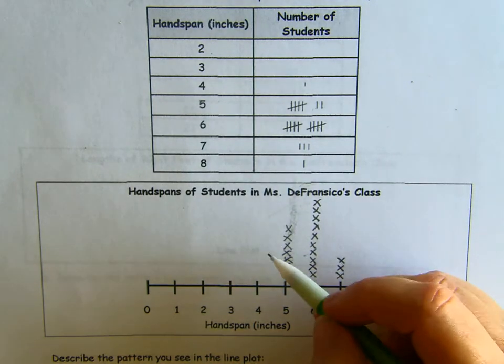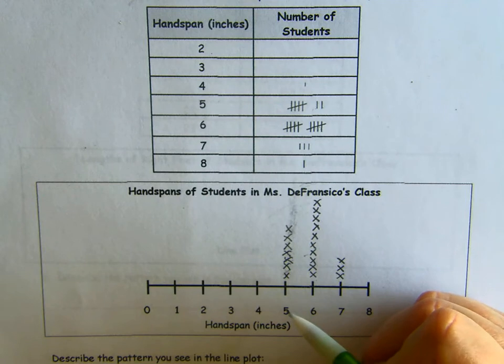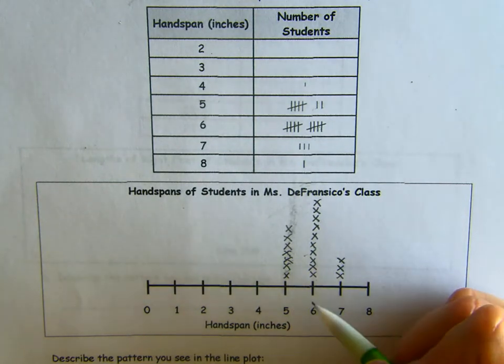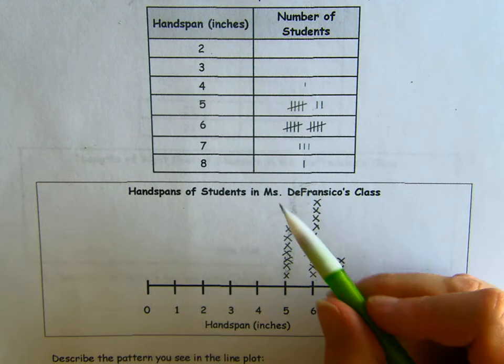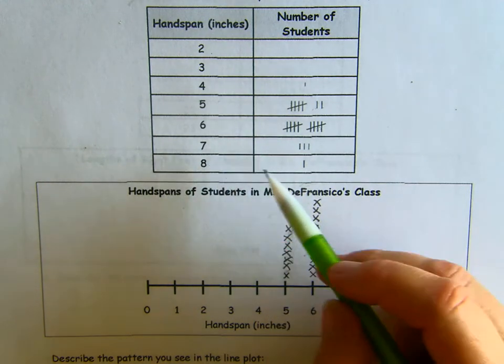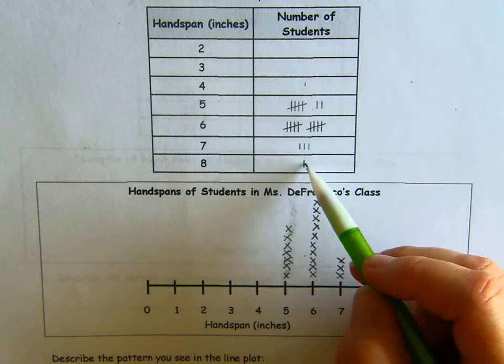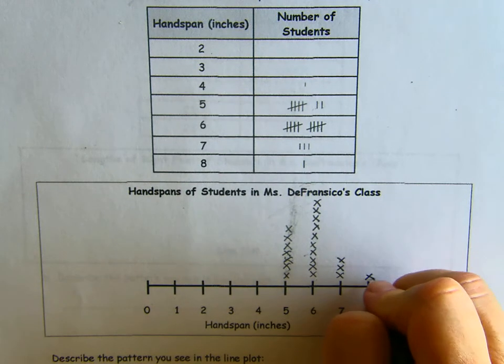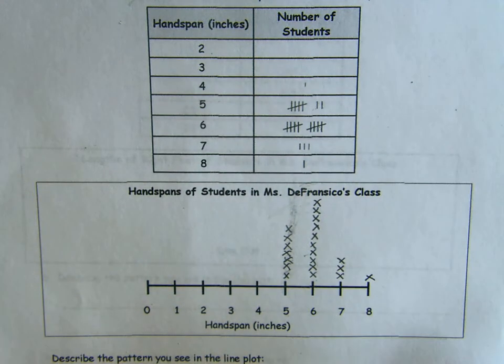So when I look at it, I can see that 5 inches was more common than 7 inches, and that 6 inches certainly had the most, because now I'm coming up here to 8 inches, and there was only one student who had an 8-inch hand span.